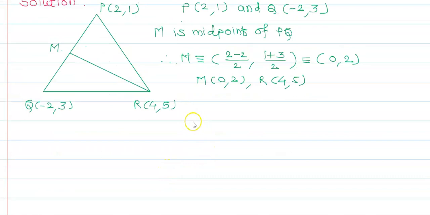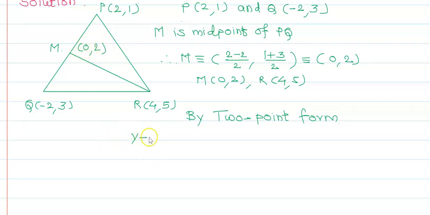Therefore, by the 2-point form: y minus y1 is equal to y2 minus y1 upon x2 minus x1 in bracket x minus x1.